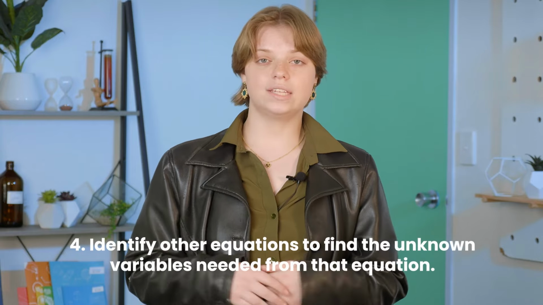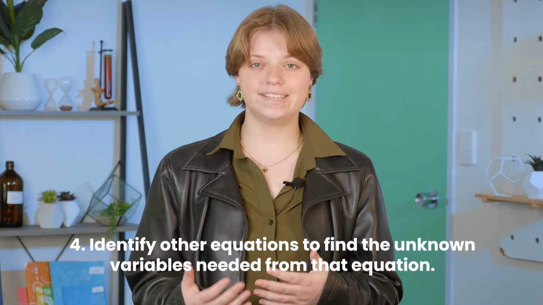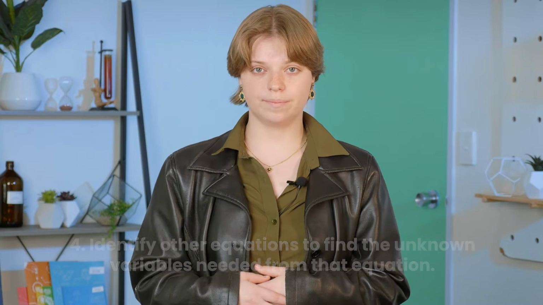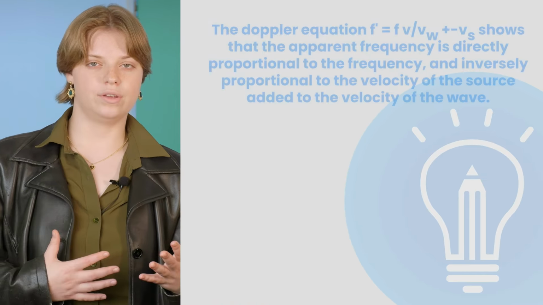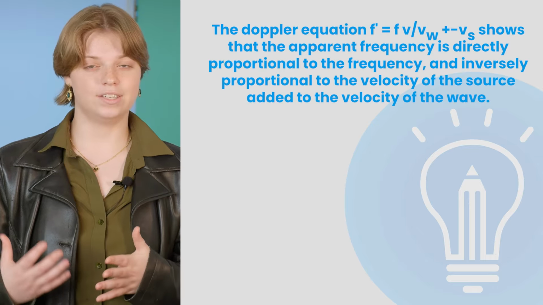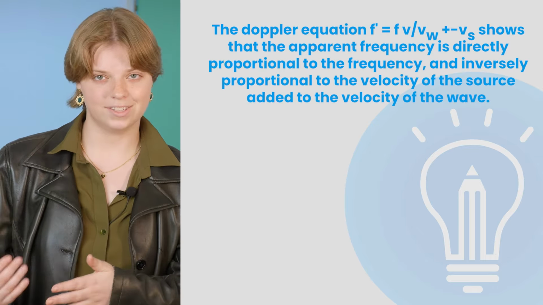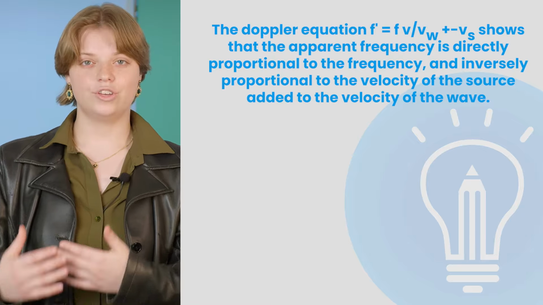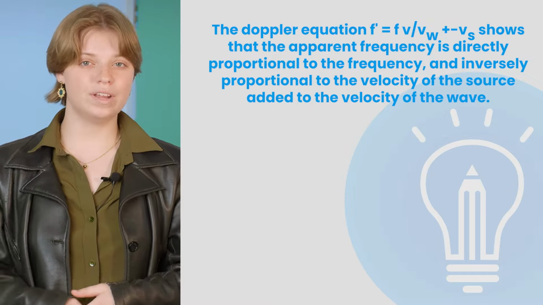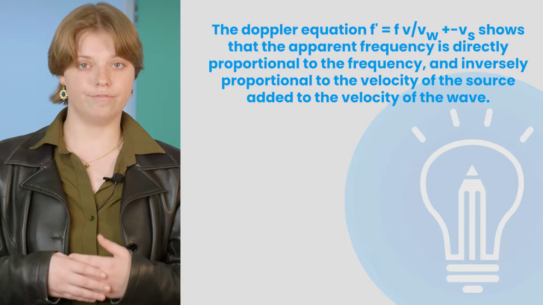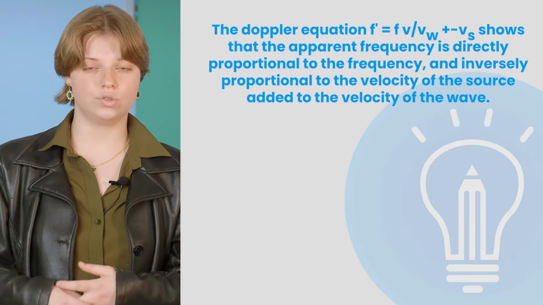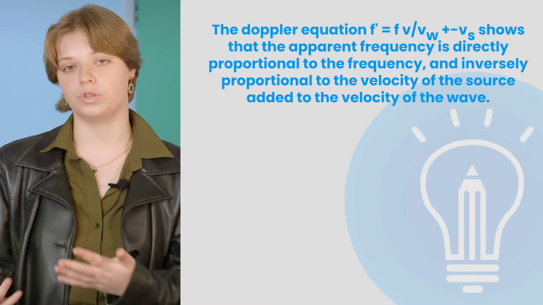Now, we can use that to answer our question, explicitly stating the equation and the relationships. The Doppler equation, apparent frequency equals actual frequency times the speed of sound divided by the speed of sound plus the speed of the source, shows that the apparent frequency is directly proportional to the frequency and inversely proportional to the velocity of the source added to the velocity of the wave, or the speed of sound.